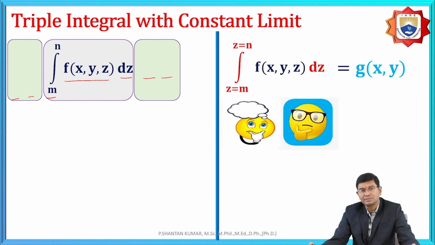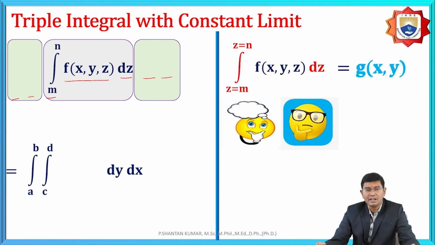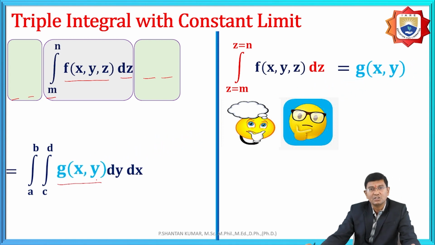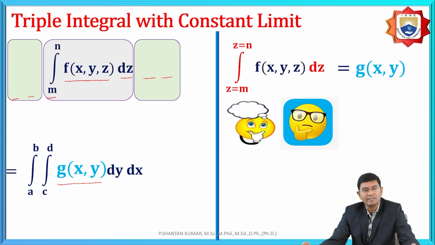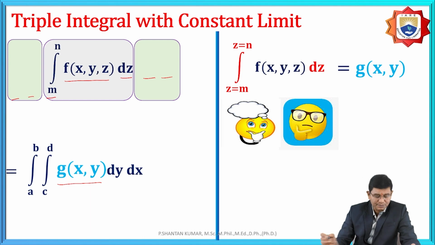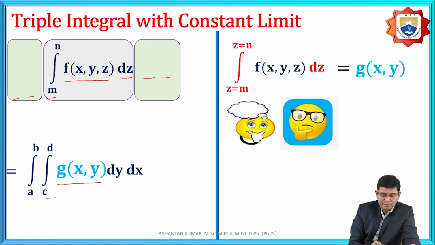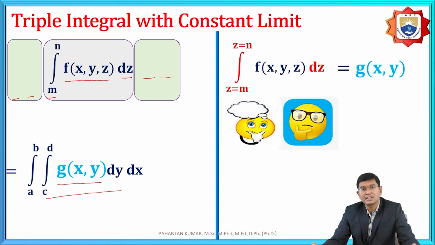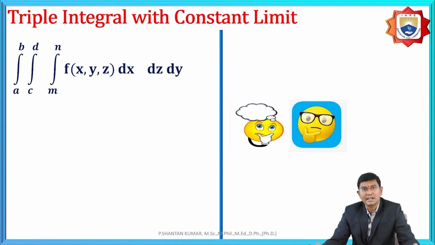We then put this g of x comma y into the remaining double integral, g of x y dx dy. Here again the inner limit is with respect to y, so we integrate with respect to y first, and after that with respect to x.